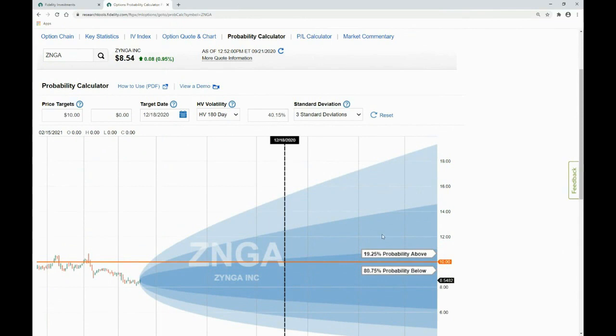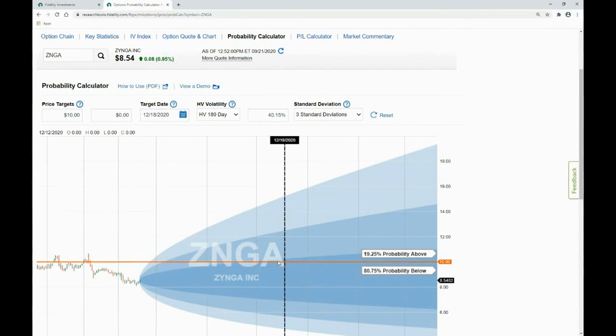And notice that even though everything else is the same, looking for the probability by December of it rising to 10, we now have almost a 19.25% probability of the stock rising above, compared with 15% before.